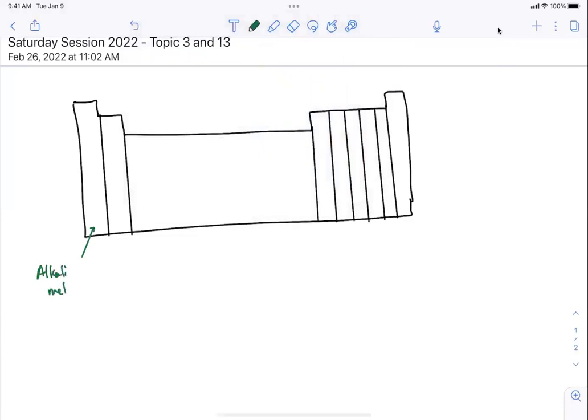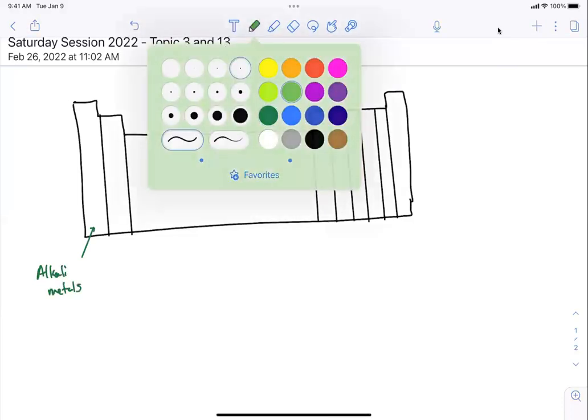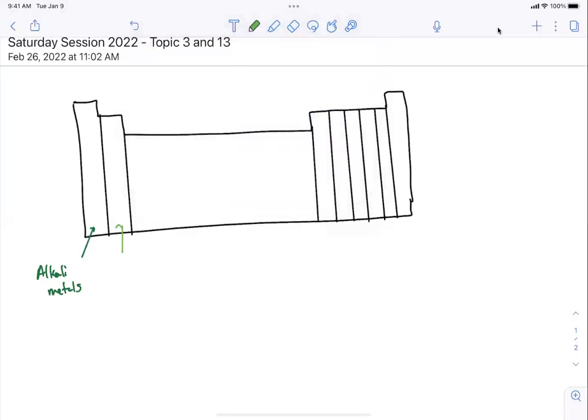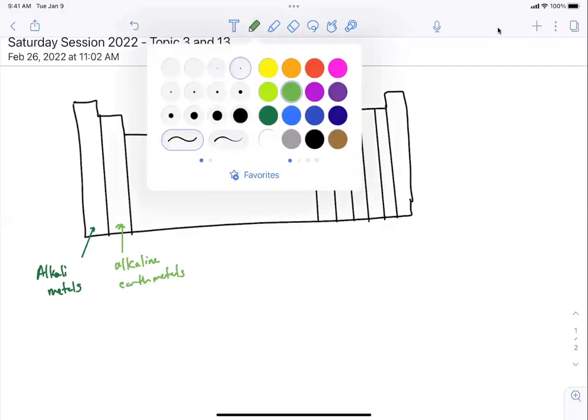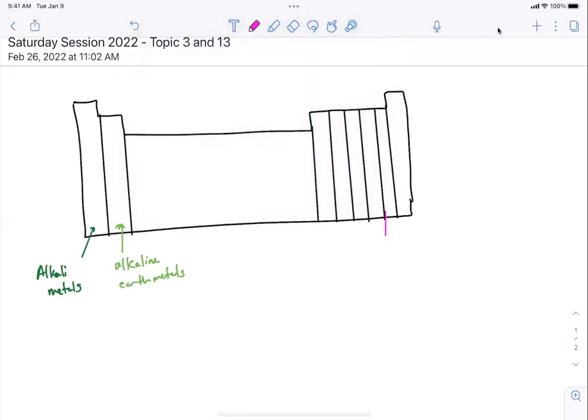The alkali metals. The alkaline earth metals. Group 17, the halogens, and group 18, the noble gases.